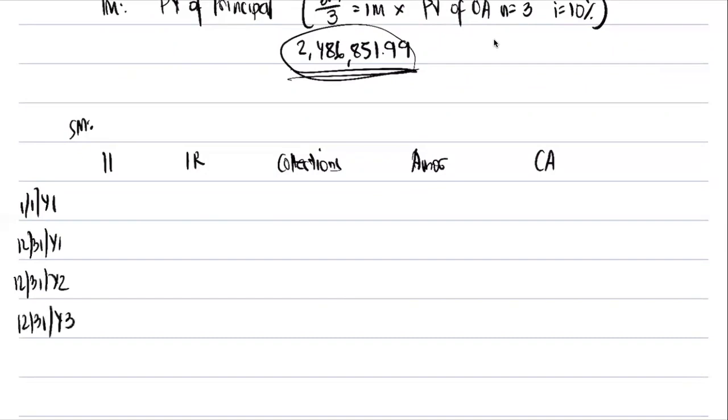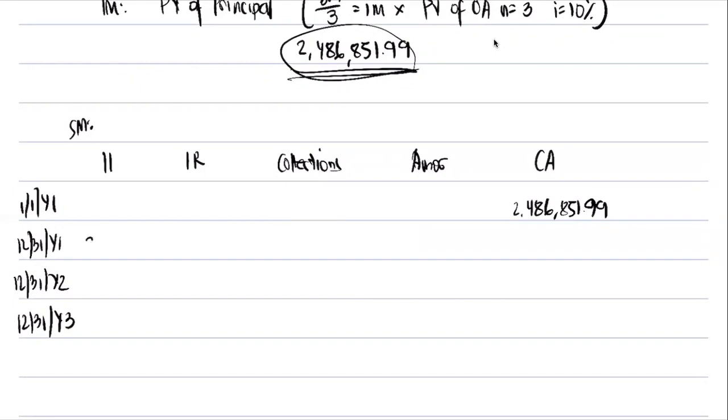Okay, so let's compute now for our interest income, and let's prepare our amortization table. So carrying amount on January 1, year 1, we have 2,486,851.99. And then our interest income is equal to 10% of that value, because interest income is equal to your carrying amount multiplied by your effective interest rate.